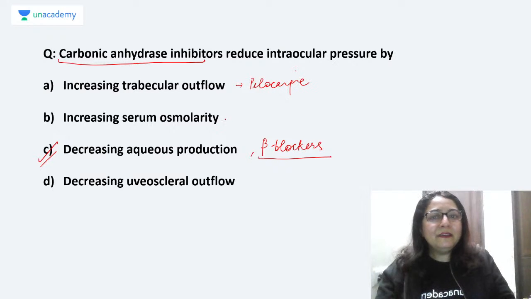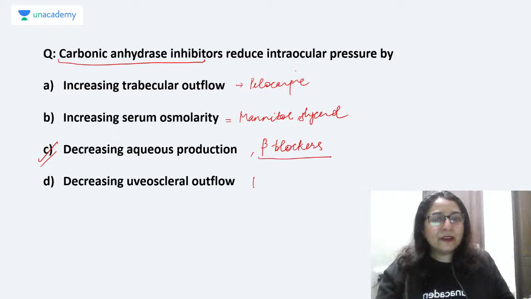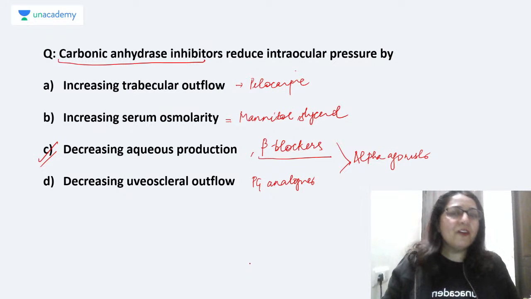Increased serum osmolarity, your mannitol, glycerol, as we just learned. And uveoscleral outflow, your prostaglandin analogs. And both these are by your alpha agonist. So that summarizes the mechanism of action of all the major groups which we just discussed.